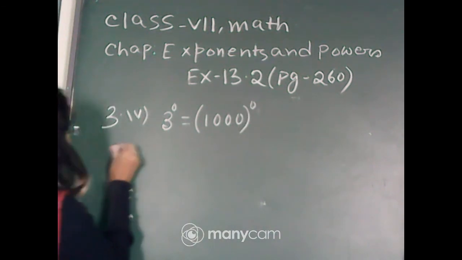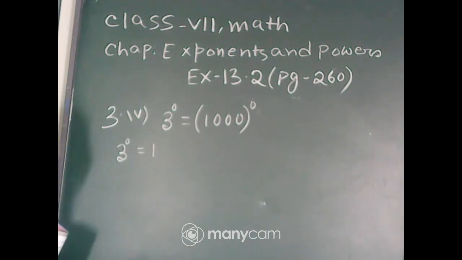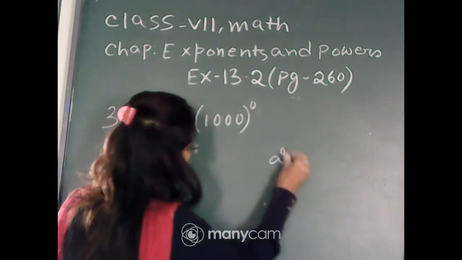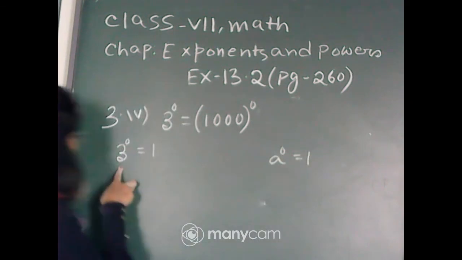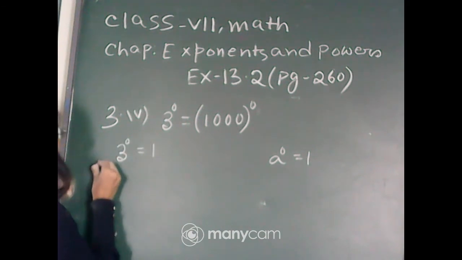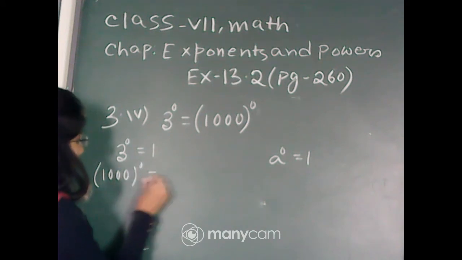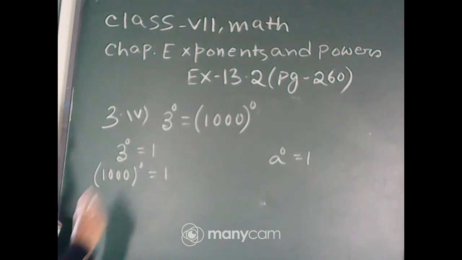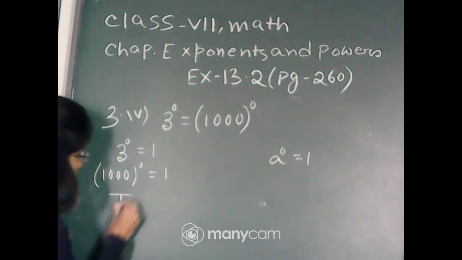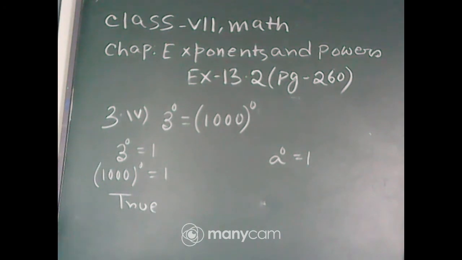Now, 3 to the power 0 is equal to 1. We know that for any non-zero integer a, a to the power 0 is equal to 1. Here 3 is a non-zero integer, so 3 to the power 0 is equal to 1. Also, 1000 to the power 0 is also 1, since 1000 is a non-zero integer, and therefore, this is true.